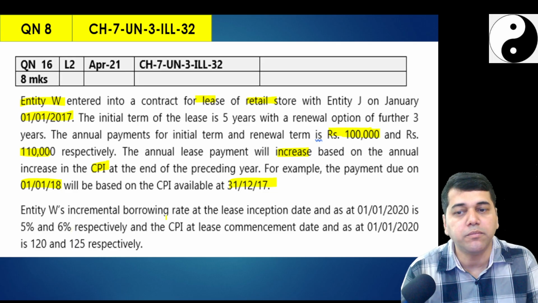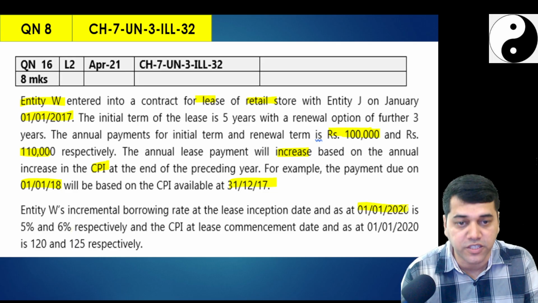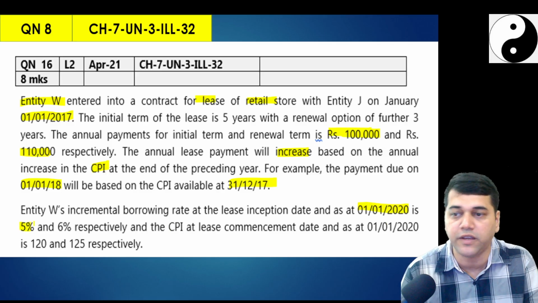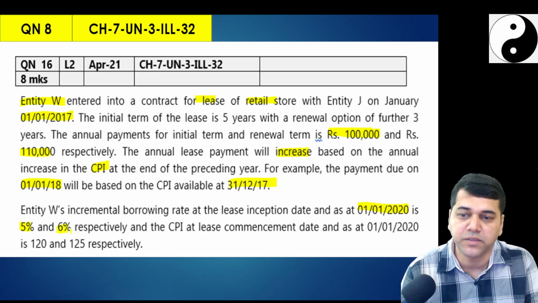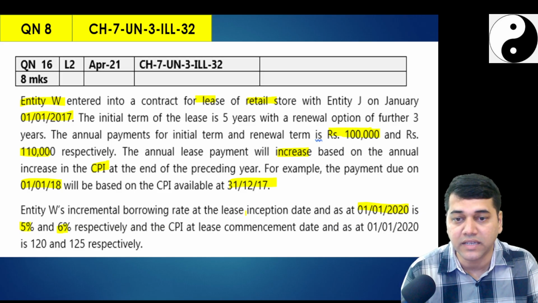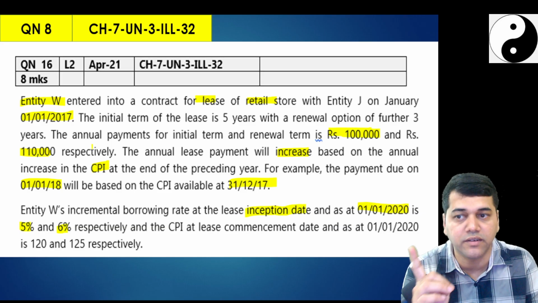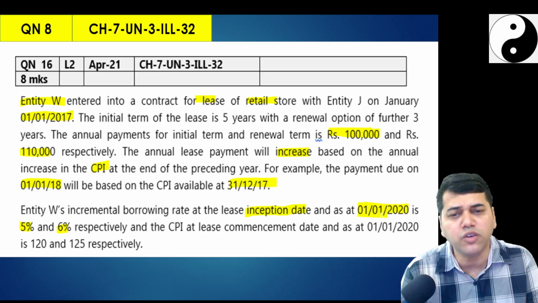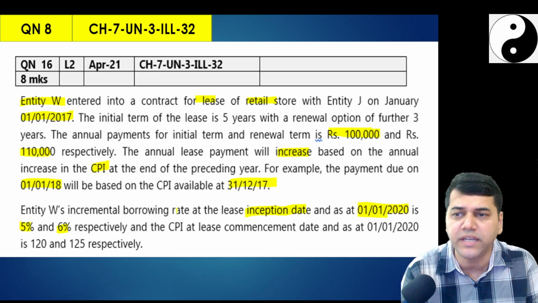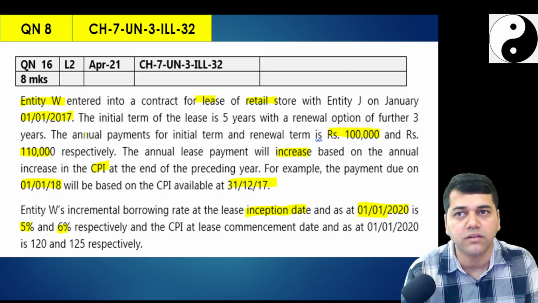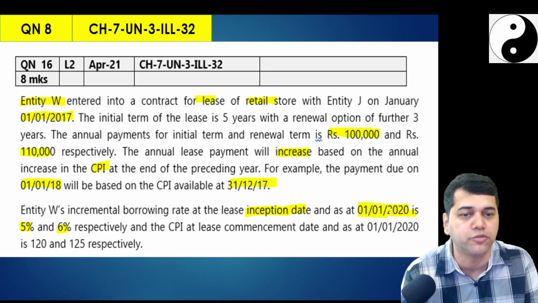Now, entity W's incremental borrowing rate is 5% and 6% respectively at the inception on 1/1/2017 and 1/1/2020. Now, why has that 2020 come? Your contract is for 5 years, no? So, if it is 17, 18, 19, 20, 21, that means something must have happened on 1st April 2020.